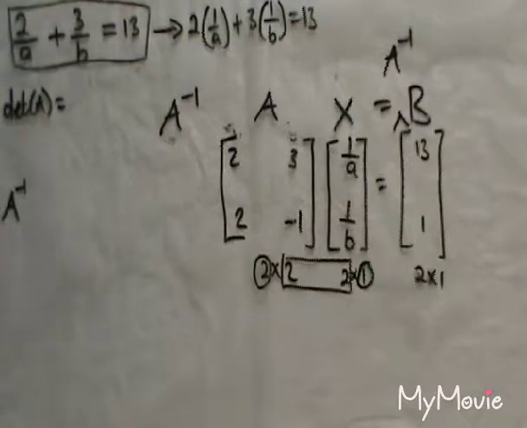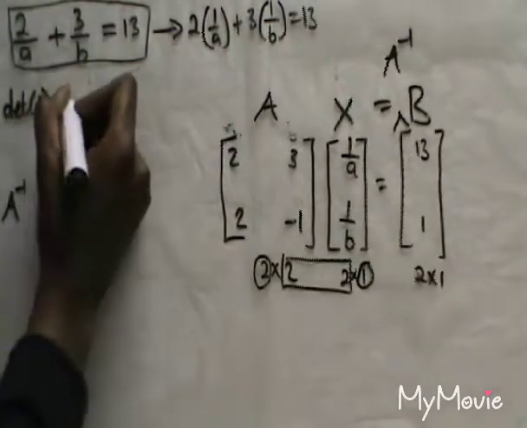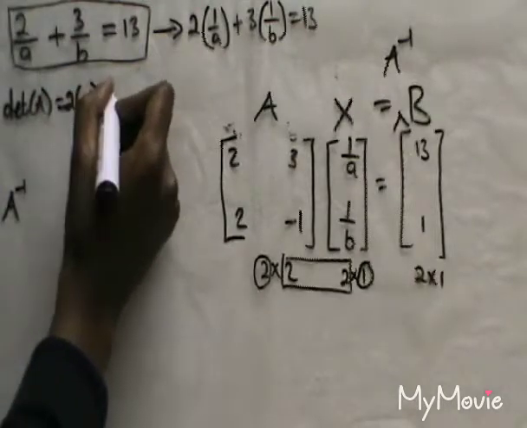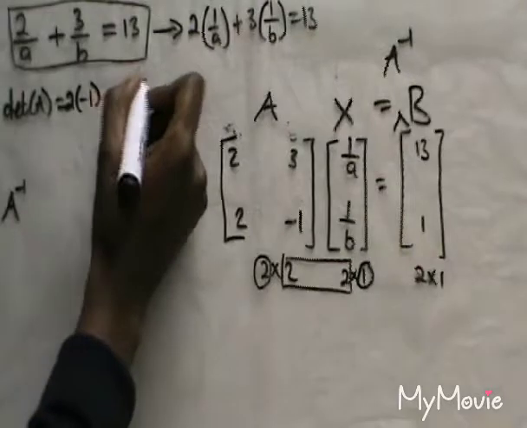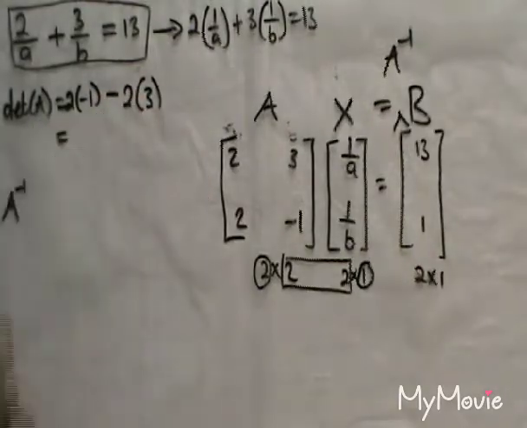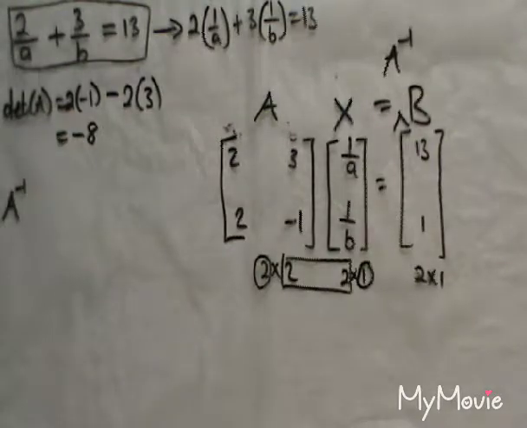So I will say 2 times minus 1. And then I subtract the product on the minor diagonal, which is 2 times 3. You can check that on your calculator, but you shouldn't need your calculator for this. This is minus 2 minus 6. Minus 2 minus 6 is equal to minus 8. So that is my determinant.